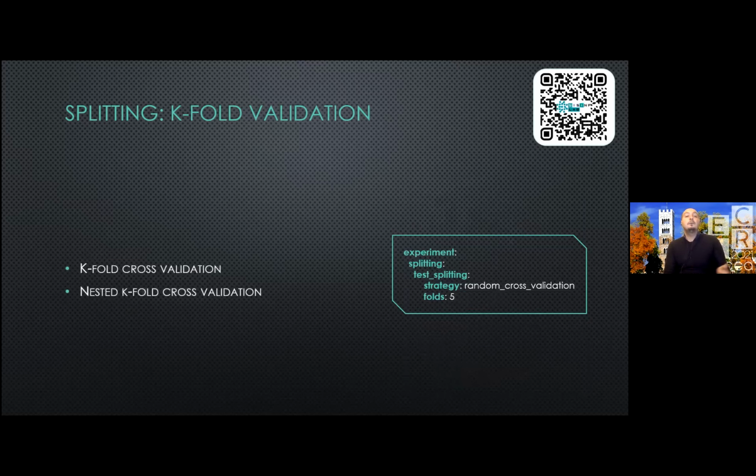But also, and here it is particularly easy because you don't have to implement anything, you can have a nested cross-validation in which you realize k-fold cross-validation for splitting the test set, and then you have another cross-validation for splitting the training set and validation set.